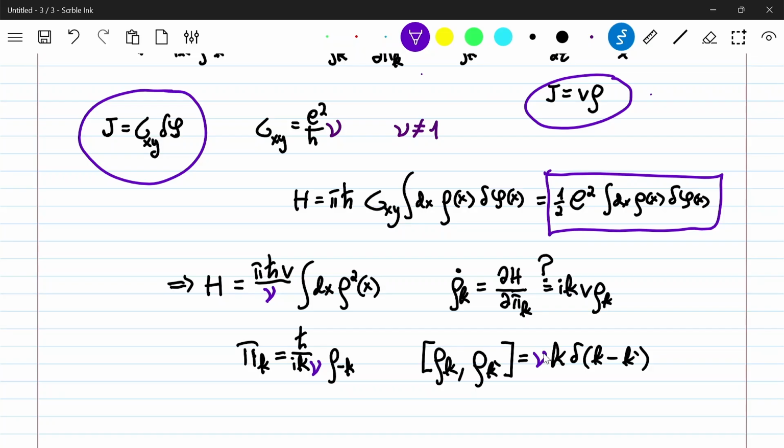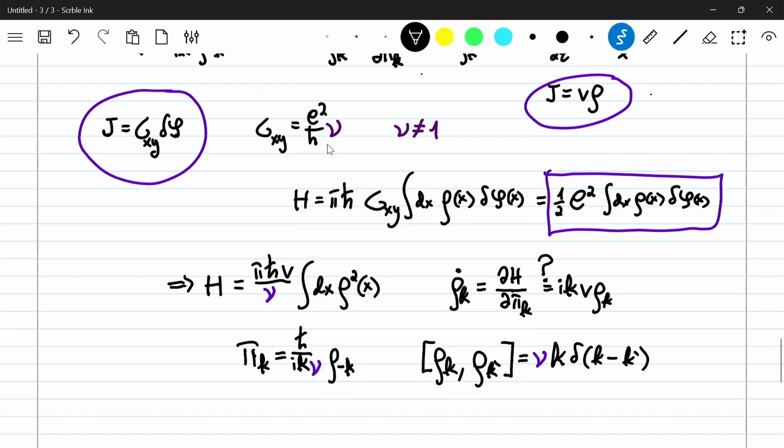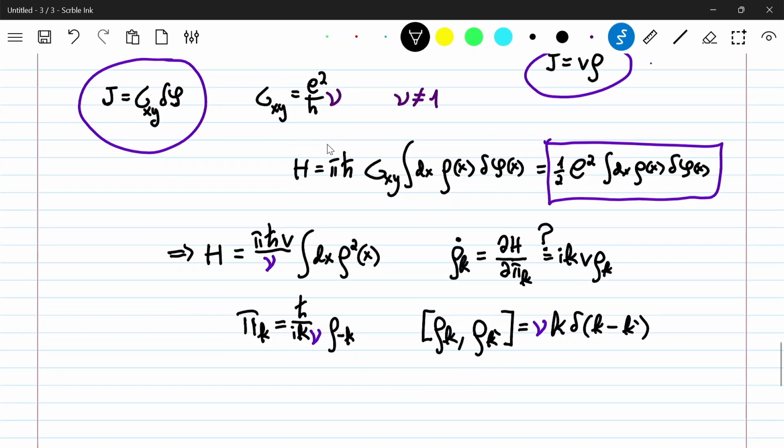Okay, what does it mean? Now let's go back to real space, to what we denoted as the field phi. Remember, just reminding the definition, rho of x was 1 over 2 pi grad phi. So that suggests that also the commutators of phi of x and phi of x prime are different. So let's rewrite them.